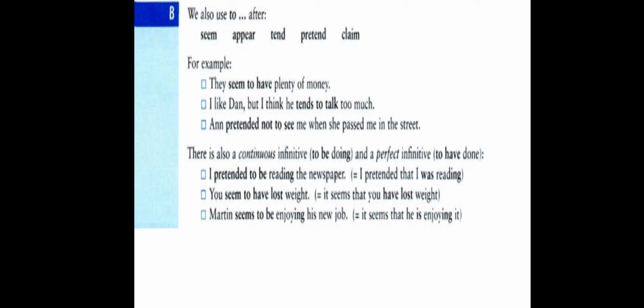So it becomes to have plus past participle. You seem to have lost weight. Here we have the verb seem followed by to, and the base form have plus past participle. So we call it perfect infinitive.